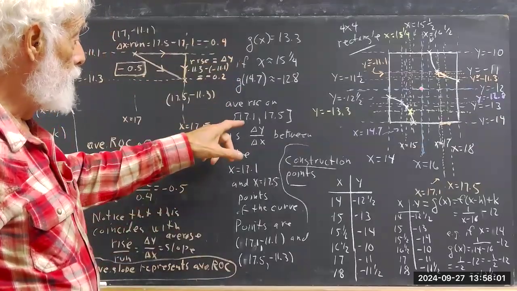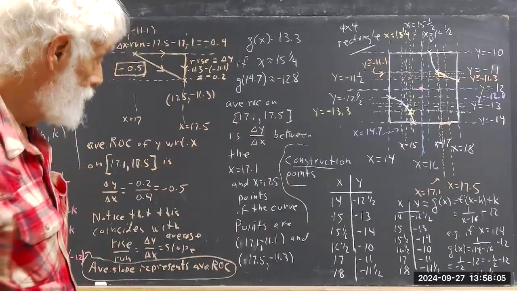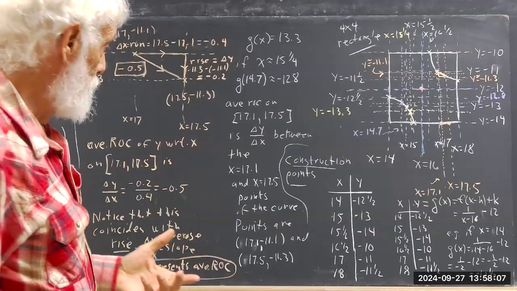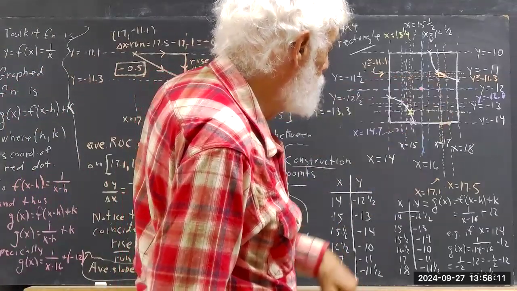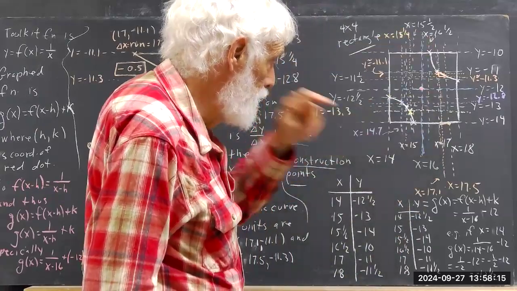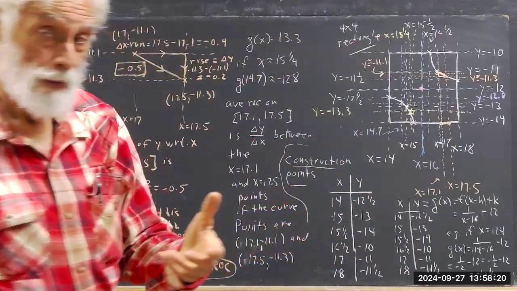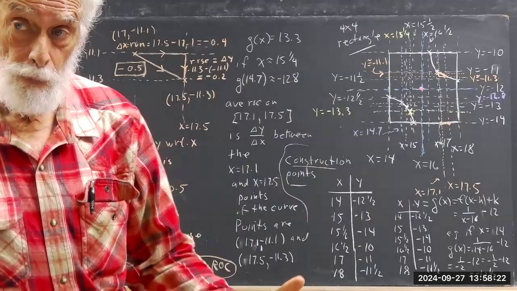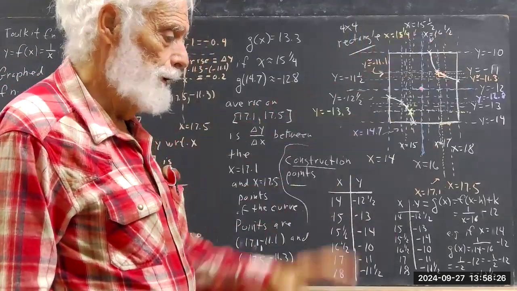Then we ask for the average rate of change on the interval 17.1, 17.5. What does that mean? That means we take the x interval from 17.1 to 17.5. Here's x equals 17.1. That's this line. Here's x equals 17.5. It's this line. You want to have those on your graph. You can even carry colored pencils if you want to distinguish the construction lines from the other lines, but you don't have to.